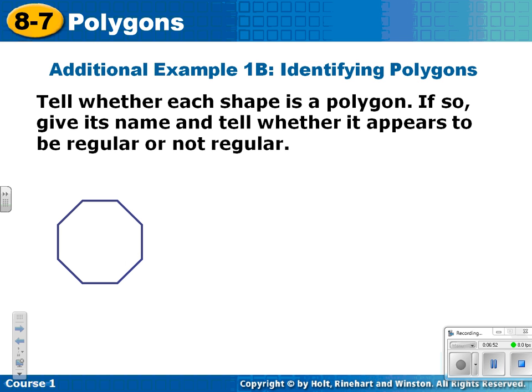Is it a polygon? Leah? Yes. Does it appear to be regular? Give me its name. It's an octagon, 8 sides. 1, 2, 3, 4, 5, 6, 7, 8. 8 sides. It's an octagon.